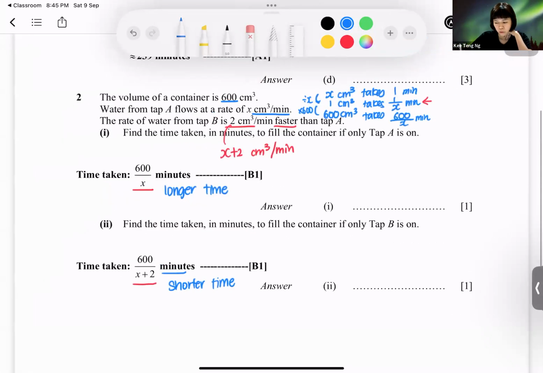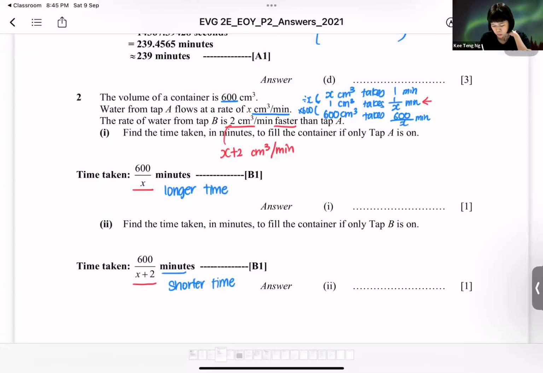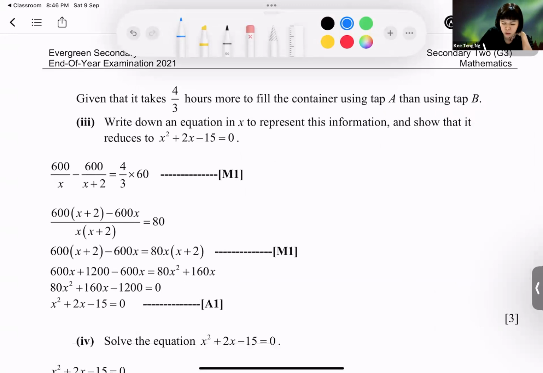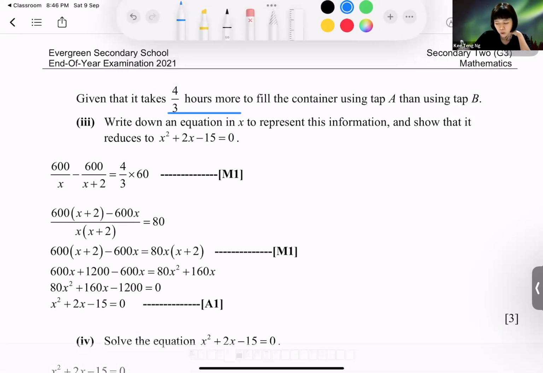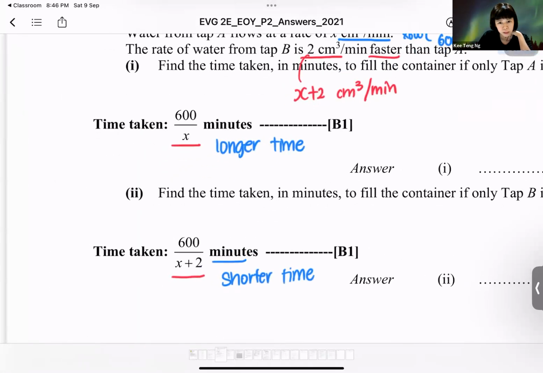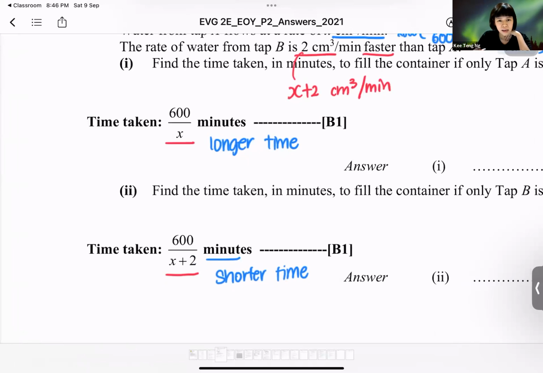Then now the next part of the question usually will involve fractions between these two. The question says it takes 4 3/4 hours more to fill up using tap A. So the one that takes a longer timing, which one takes the longer timing? A or B? A, 600 over x takes a longer timing.